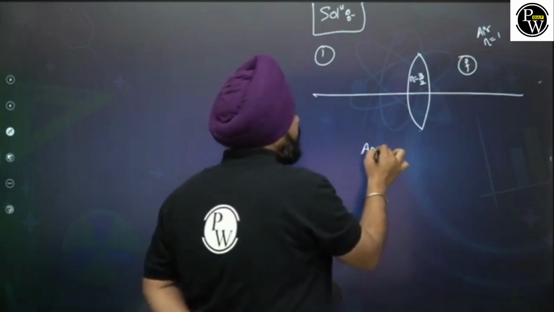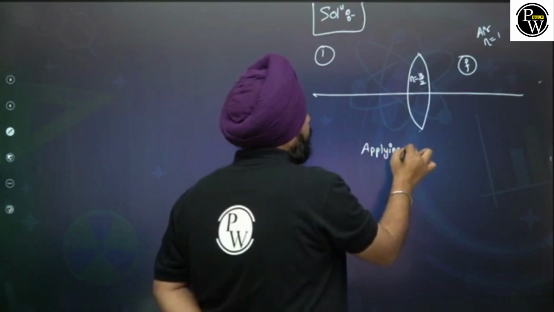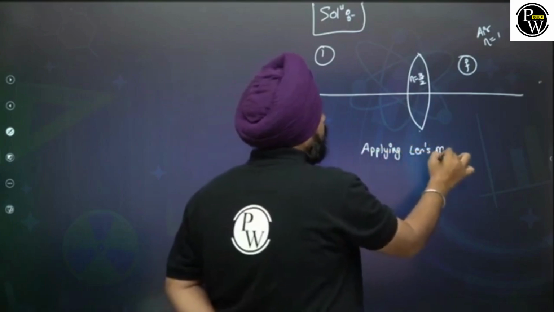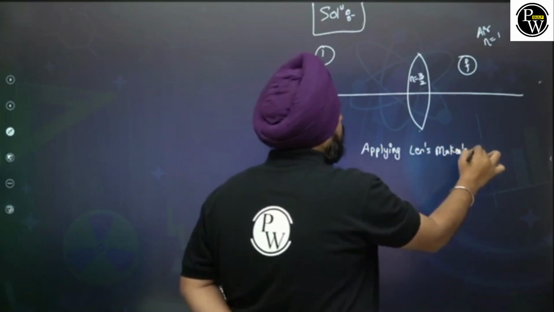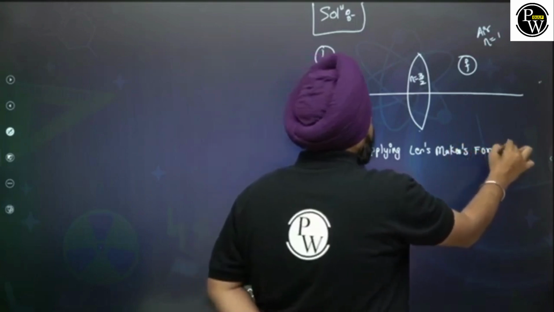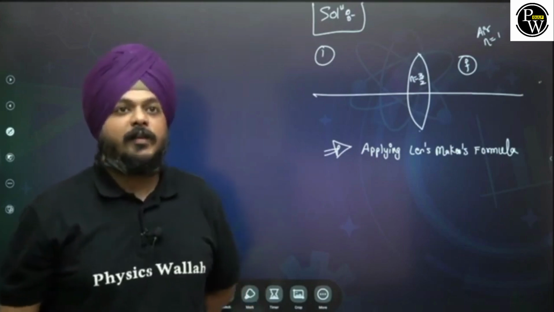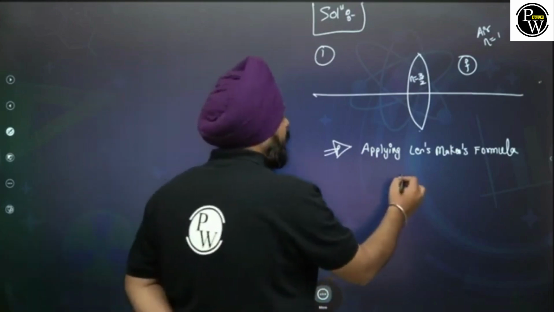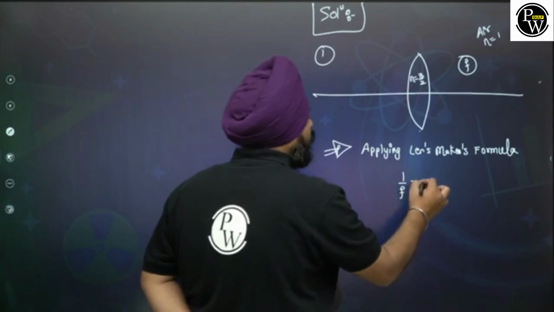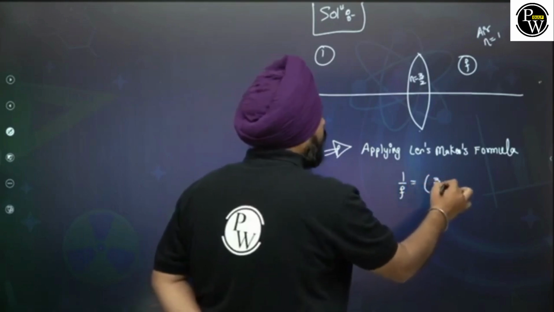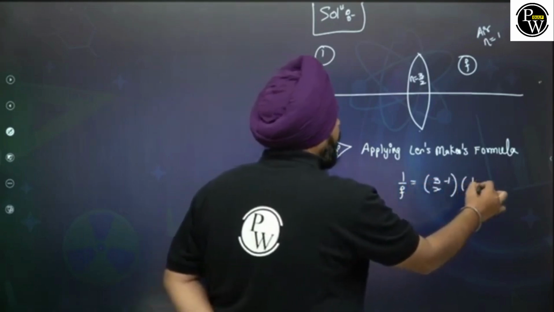So applying the lens maker's formula, 1 by f is going to be (3 by 2 minus 1) times (1 by r1 minus 1 by r2).